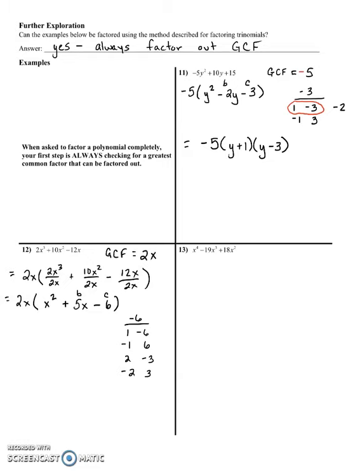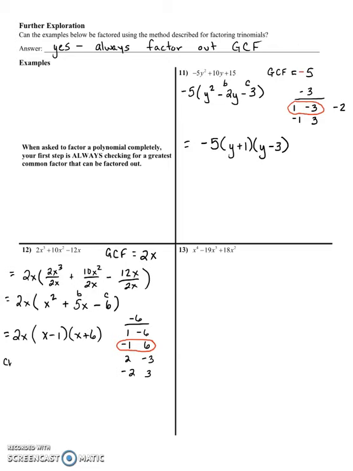So you can check all these yourself, but the one we need should be the negative 1 and the positive 6. So when we factor, we still have this GCF of the 2x hanging out front. And then we split the trinomial in the parentheses up into x minus 1 times x plus 6.